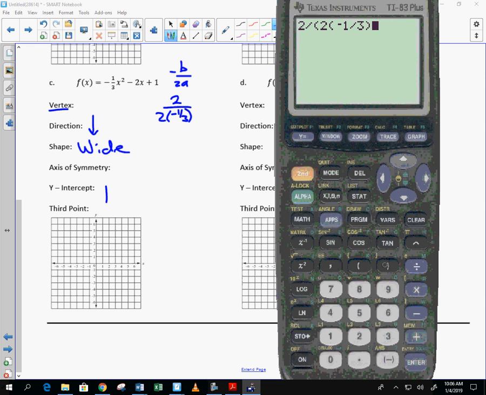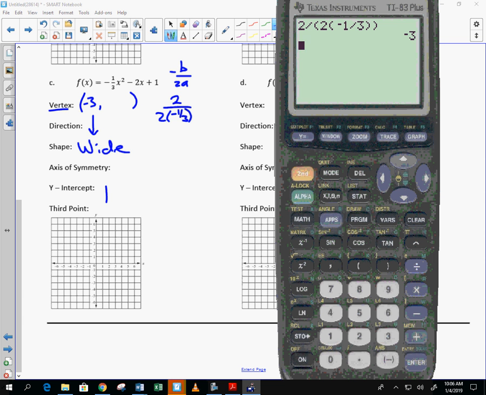Do you see how I enter that? I've got 2 divided by, and I have to put parentheses around everything that sits in the denominator. Press enter, and we get -3. So that means that the x value of our vertex is -3. I believe that many people would make that mistake when they get the fraction on the test. So please make sure you verify with your calculator, get it right.